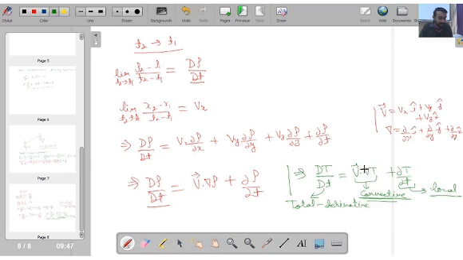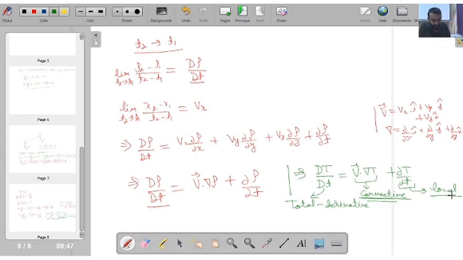Whenever I have to explain the total variation, the total variation will be because of the spatial and because of the local. That is given by this term dT by dt, which is the total derivative, that includes the effect of spatial variation, the convective term, and the local term.